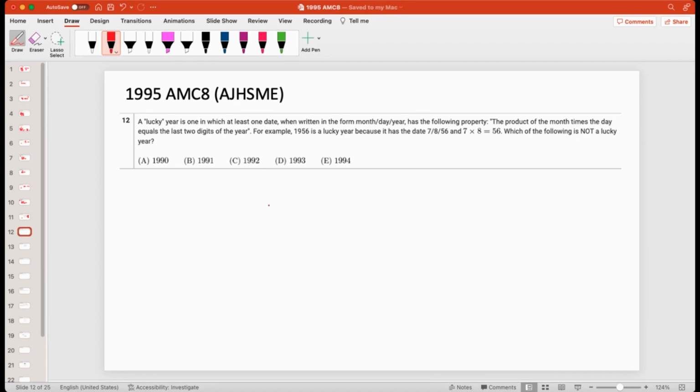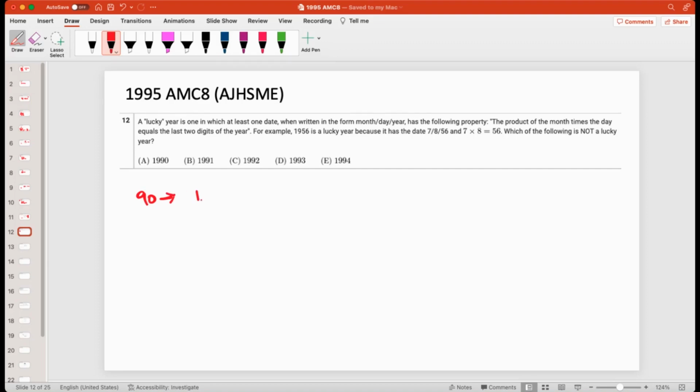So which of the following is not a lucky year. What we have to do first for each of these is find the factors. We have to go one by one, right? So for 1990 we take 90 alone, and for 90 we are going to see the factors.